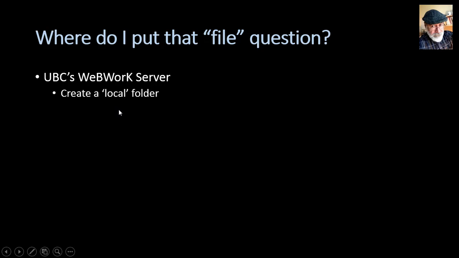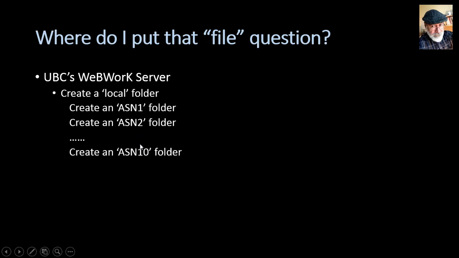I recommend that in that directory, you create a folder with the name local, that is common practice in applied science. And inside that folder, you create a subfolder for each one of your assignments, ASN1, assignment 2, 3, 4, 5, 6, 10, etc. The name of the folder is the name of the assignment.